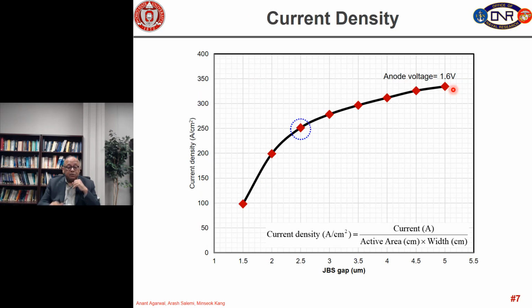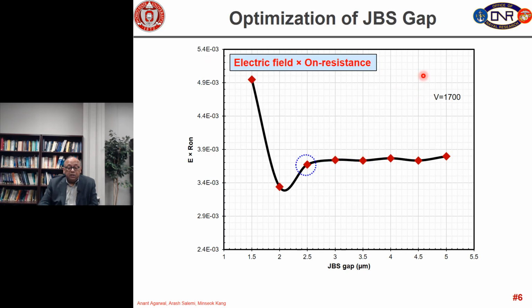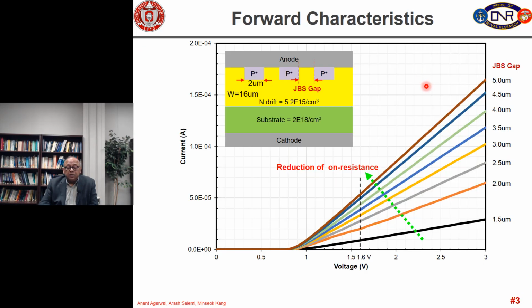So, our optimum gap is 2.5 micron, and if you plot the current density, so to calculate this current density, we have taken the anode voltage of 1.6 volts, and that would be right here, 1.6 volt.